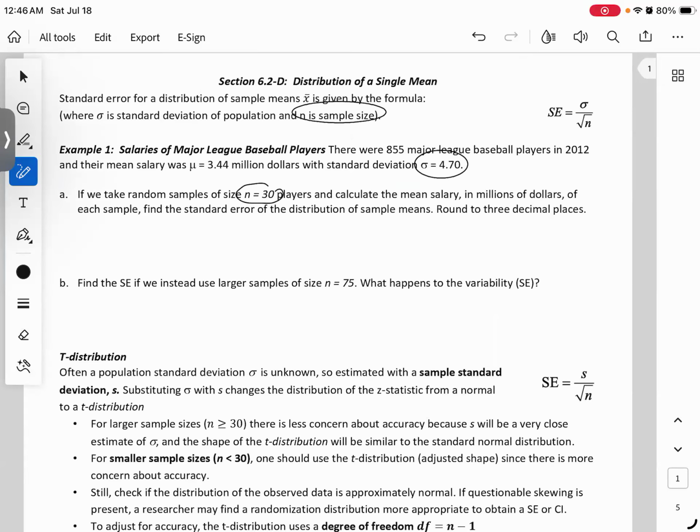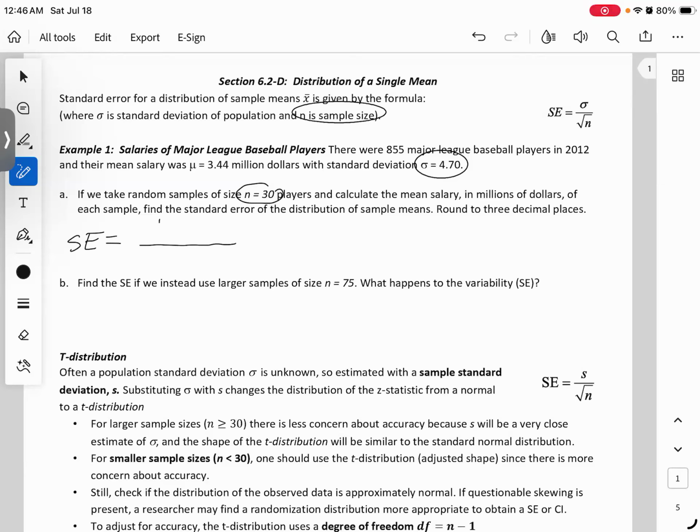Standard deviation is how much variation there is within just one sample, and standard error is how much variation there is amongst many samples. So we're switching standard deviation to standard error. And the way that we do it, just look at that little formula up at the top right corner.